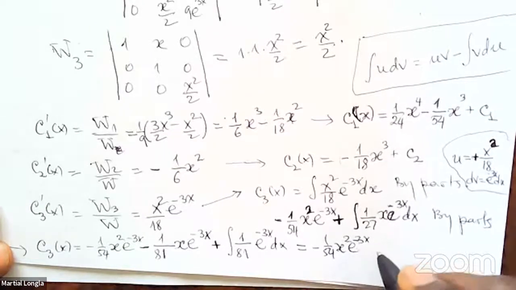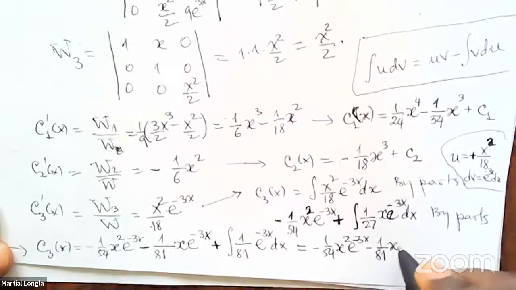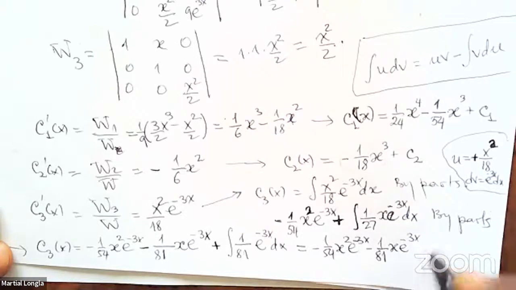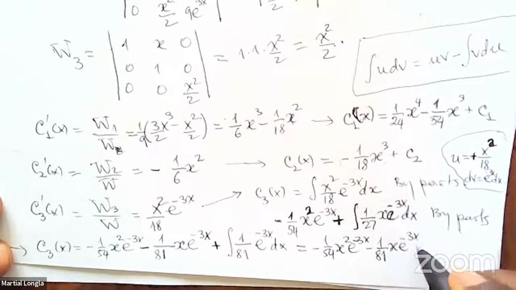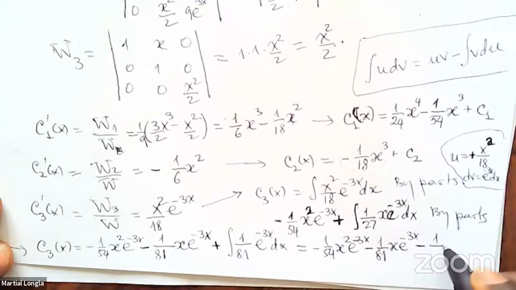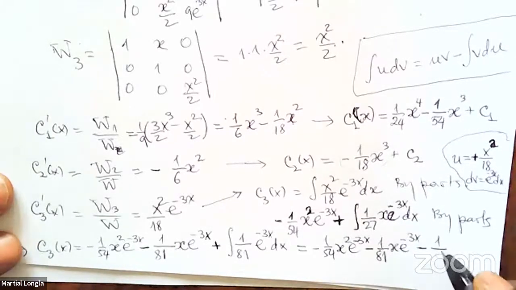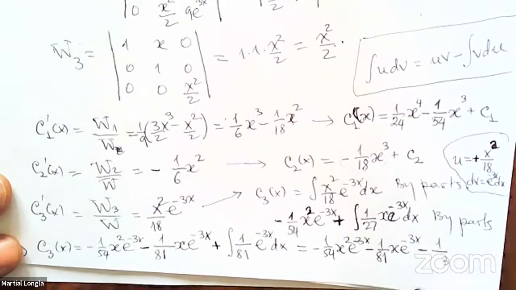minus 3x, minus 1/81 x e to the negative 3x, and then here minus 1 over 81 times 3. How much is that? 243, right? That's what I'm thinking.